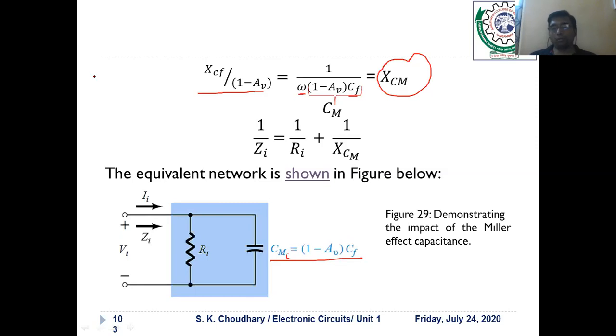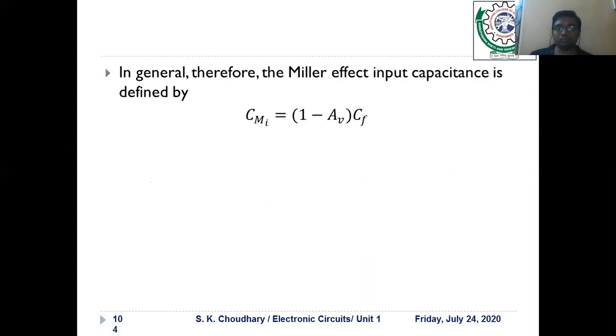Now from this whole discussion we can define the Miller input capacitance. What is the Miller input capacitance? CMI is equal to 1 minus AB CF. So the Miller input capacitance also depends upon the voltage gain of the amplifier.